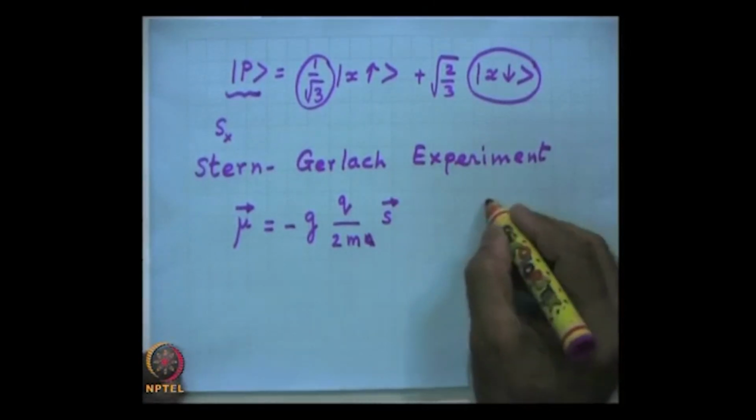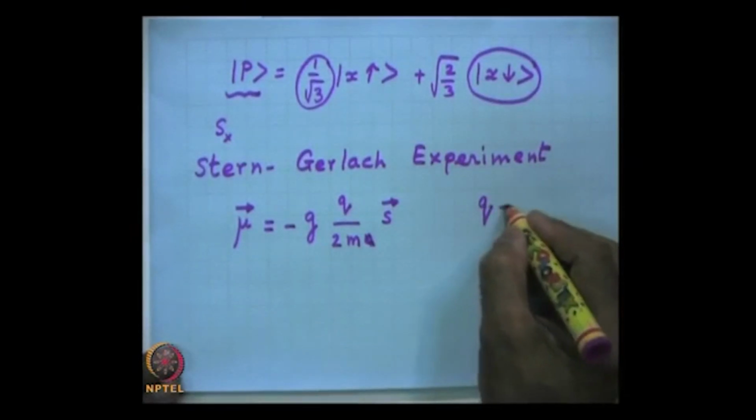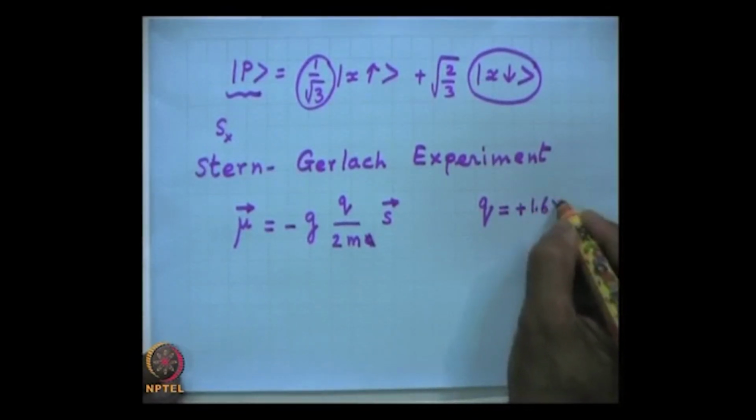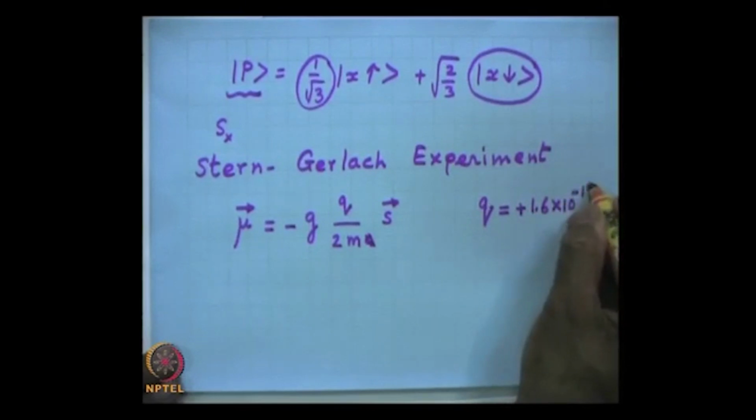So, q is the magnitude of the charge of the electron. So, this is plus 1.6 into 10 to the power of minus 19 coulombs.